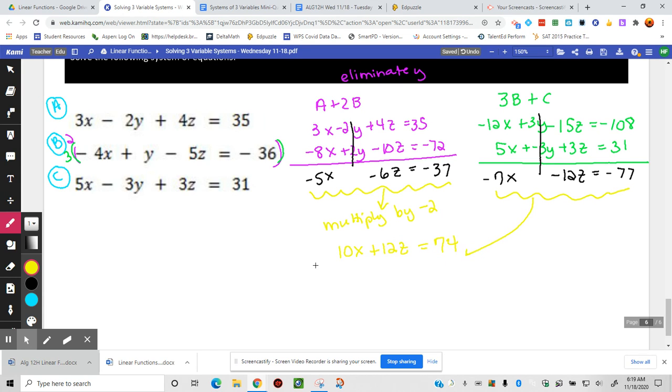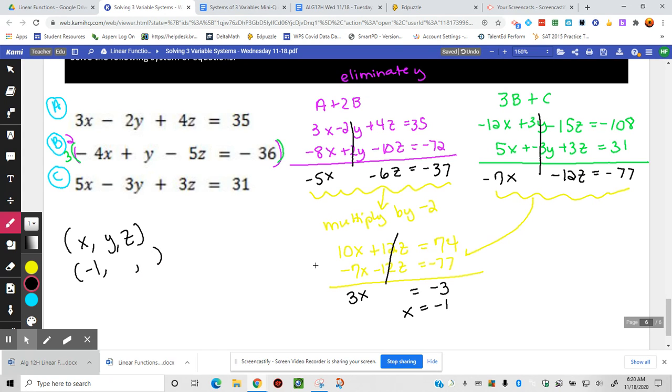This one's going to come down, and I'm just going to rewrite it right under it. And when I add those together, I get 3x, my z's cancel, and I get negative 3. Perfect. x equals negative 1. Great.